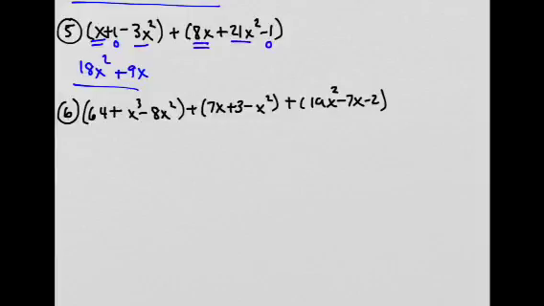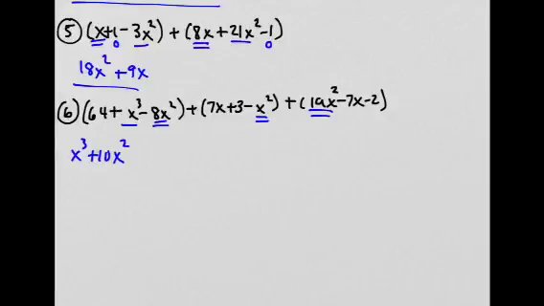Okay, so in 6 we're adding 3 polynomials. So the highest degree here is x cubed, and there's only one of them, so we just bring it down. The next one down would be x squared, so there's this one, and this one. So negative 8 minus 1 is negative 9, plus 19 is 10, so 10x squared.